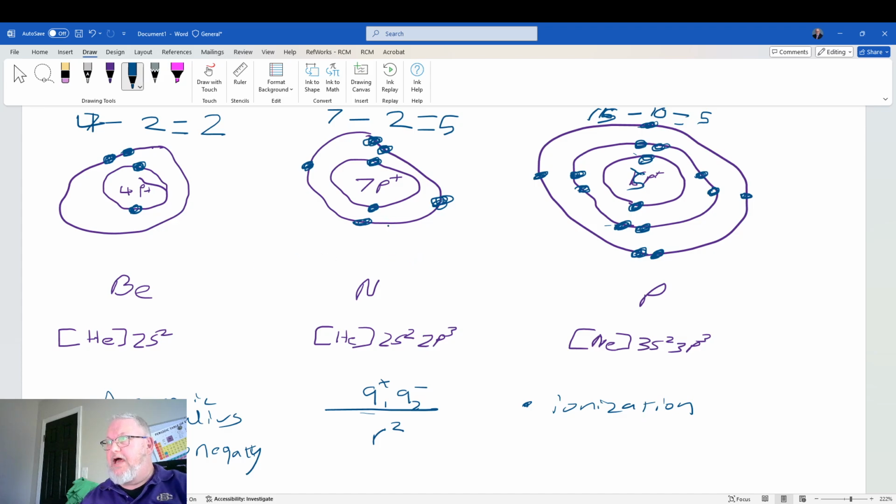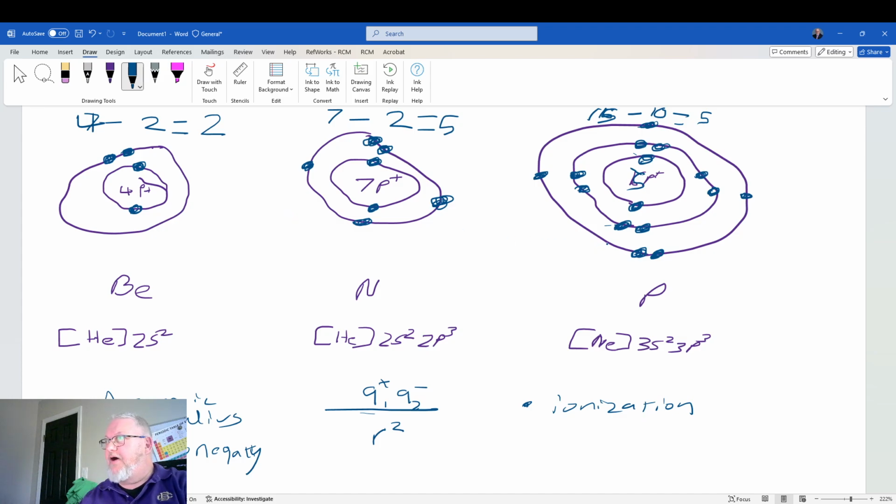So if you look at nitrogen, there's more positive energy, attraction, if you would, holding those valence electrons into that atom. It's really hard to pull an electron away. It would take more energy. Whereas beryllium, it would take less energy for one of these electrons to be pulled away by one with a stronger pull, like nitrogen, right?